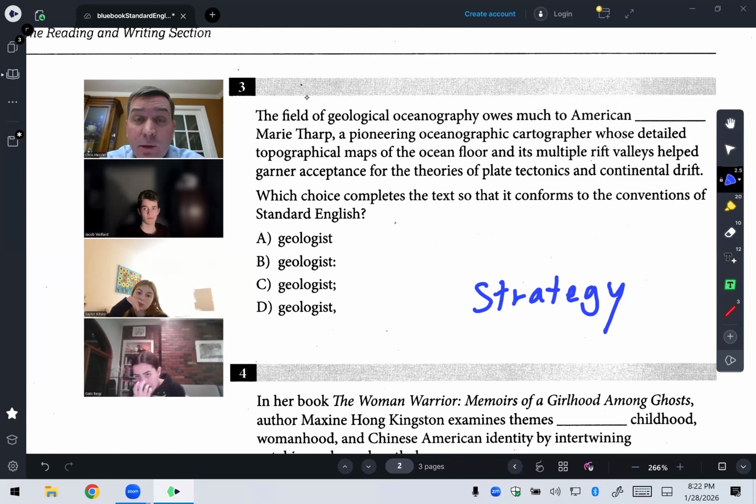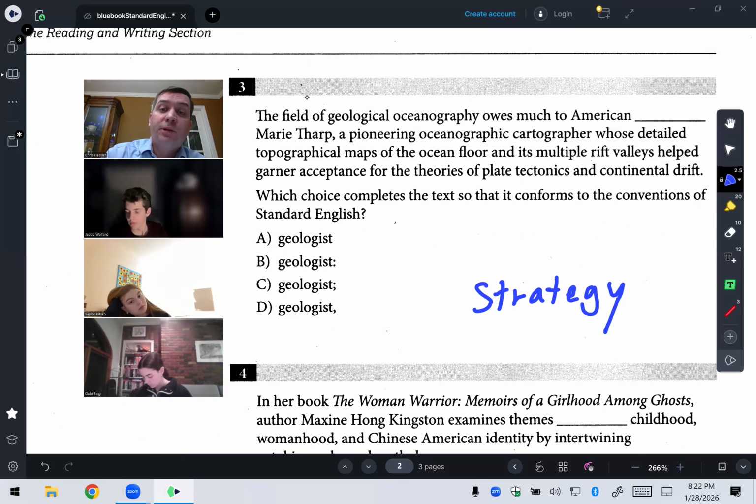The field of geological oceanography owes much to American geologist Marie Tharp, a pioneering oceanographic cartographer whose detailed topographical maps of the ocean floor and its multiple rift valleys helped garner acceptance for the theories of plate tectonics and continental drift. So it's a question on punctuation, and unnecessary punctuation, maybe.